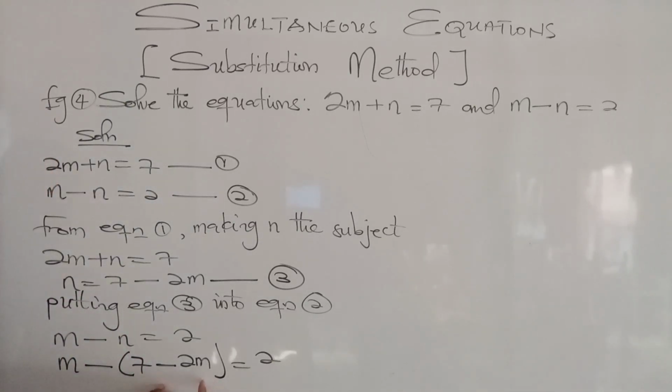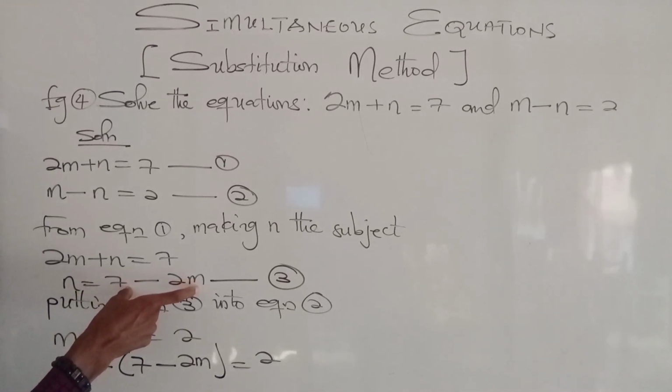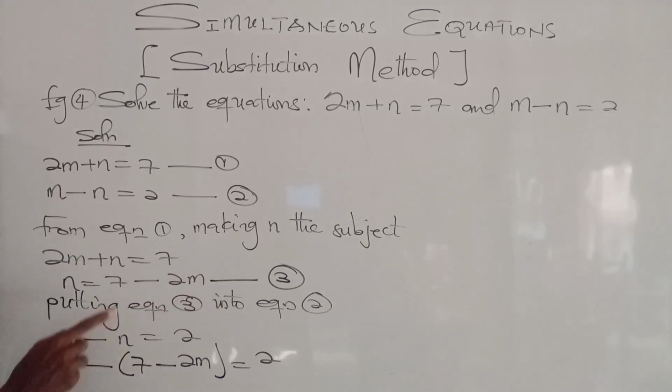You put it into brackets because the negative will affect everything which is here. The 7 minus 2m, the negative sign here will affect both of them. That's why I put it into brackets, so that you don't forget about it. The negative will open the bracket by multiplying each term there.